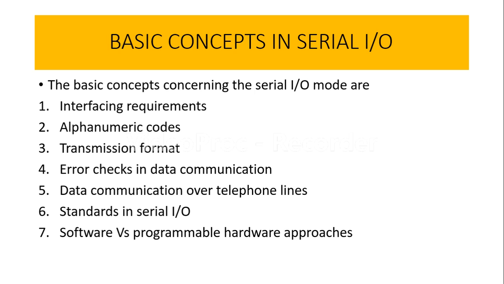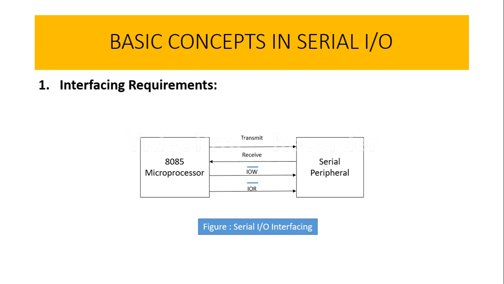Now let us see in detail what these concepts are, starting with the first one, called interfacing requirements. Using this diagram, I am going to show the serial input output interfacing. The microprocessor is going to identify the peripheral by using the port address, which is enabled either by the read or write control signal.